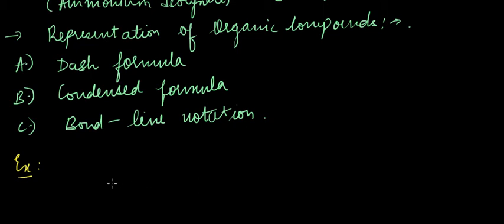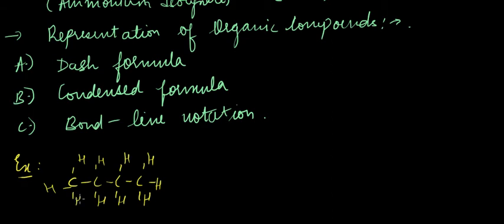So the dash formula goes something like this, in which I will be completing the valency of carbons. I hope you all know that the valency of carbon is 4 and has to be satisfied by attaching adjacent atoms, and the atoms we attach in organic compounds next to the carbon atom are hydrogens. That's the simplest form of representing an organic compound. Okay, so this is a dash formula.